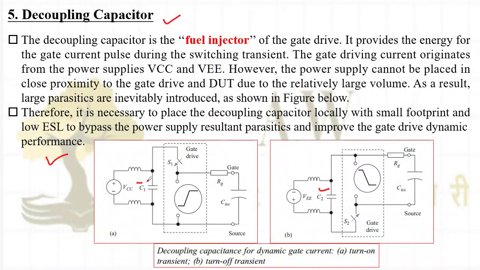To avoid that, I will use this decoupling capacitor, which will act as a source, and once it is charged, it will give the required voltage to my devices. That is why these two capacitances are used, and they are placed very near to the device with a smaller footprint, so that my dynamics will improve.